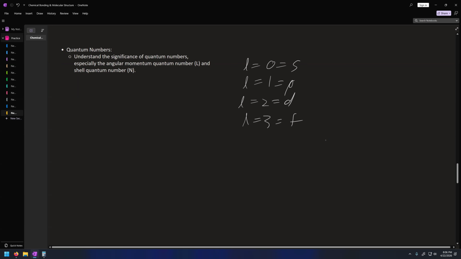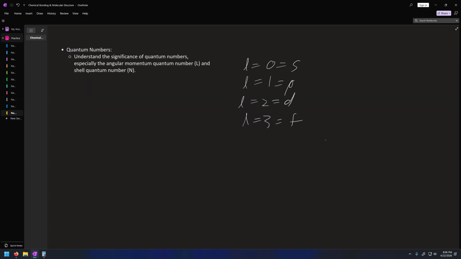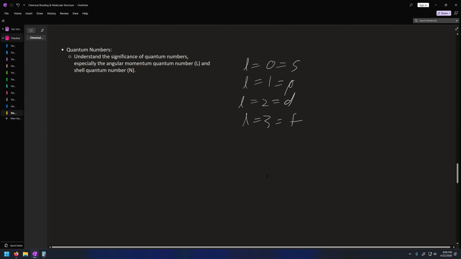So one of the questions that I asked some of you on that oral quiz would be, for an L of 1, which element could it be? Something like that, right? On your exam, I think I asked a question like, what is the L value of the highest valence energy electron of this element? Something to that effect.